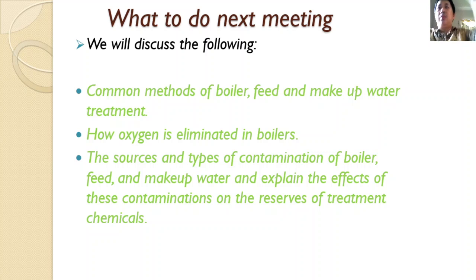After that we will discuss the following: common methods of boiler feed and makeup water treatment, how oxygen is eliminated in boilers, the sources and types of contamination of boiler feed and makeup water, and explain the effects of this contamination on the reserves of treatment chemicals. So this is the end of the discussion.